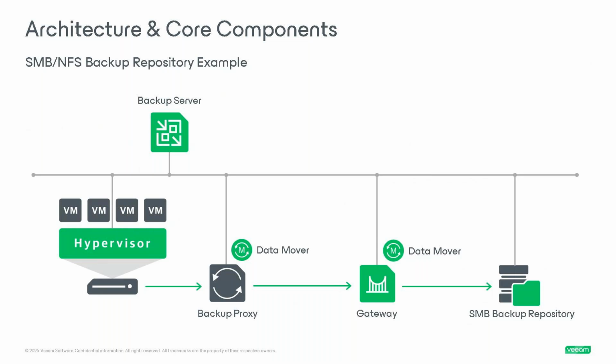So previously that was like a direct attached storage Windows repository. If you wanted to attach it to like a NAS or something like that, like a raw SMB share, you would essentially have to install a gateway in between, which is just something that Veeam installs a data mover service on that can then communicate with like a CIFS share or something like that.